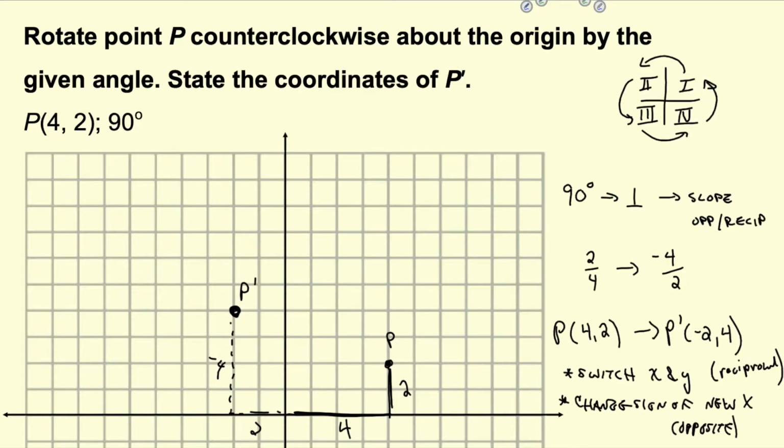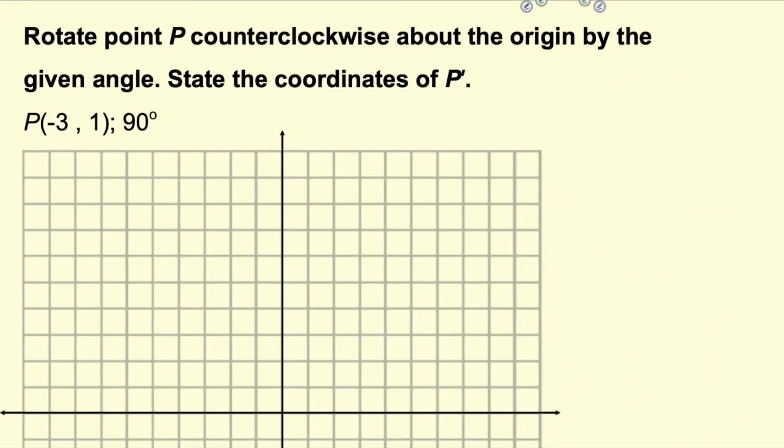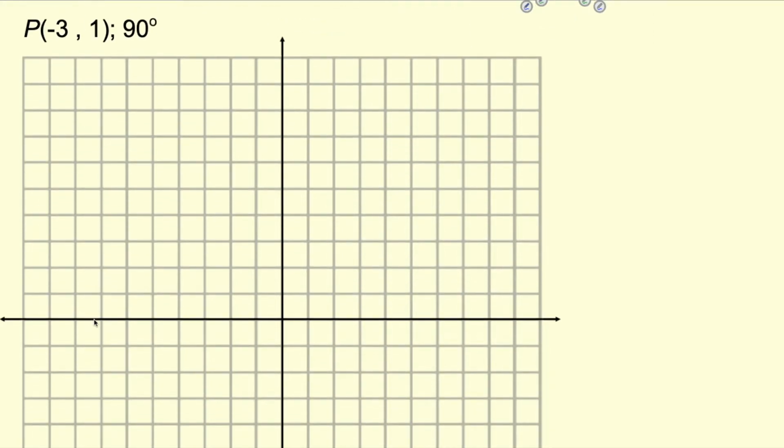Now let's do the same thing, 90 degrees, one more time, so we can see this relationship. Take (-3, 1). Note my slope here is 1 over negative 3. I need to flip this slope and change the sign, so I need to go 3 and 1.